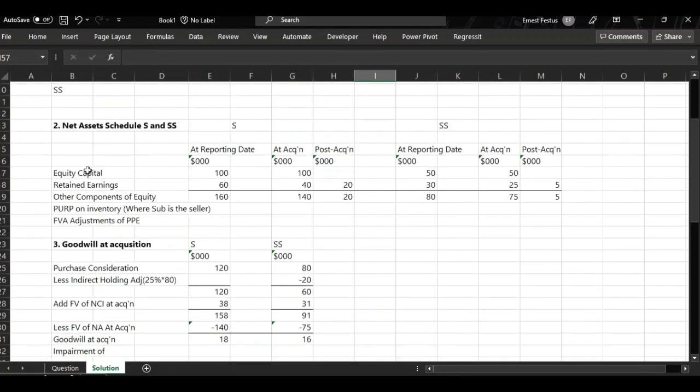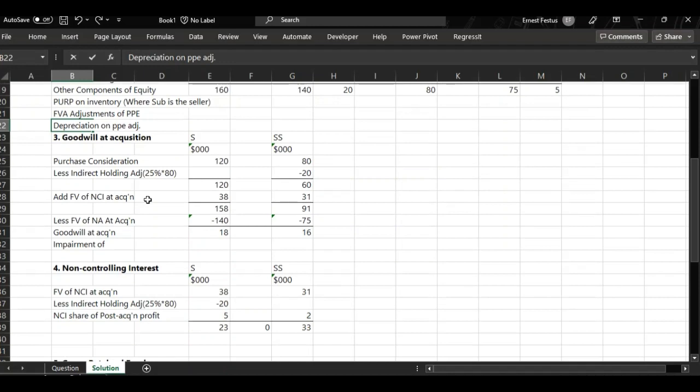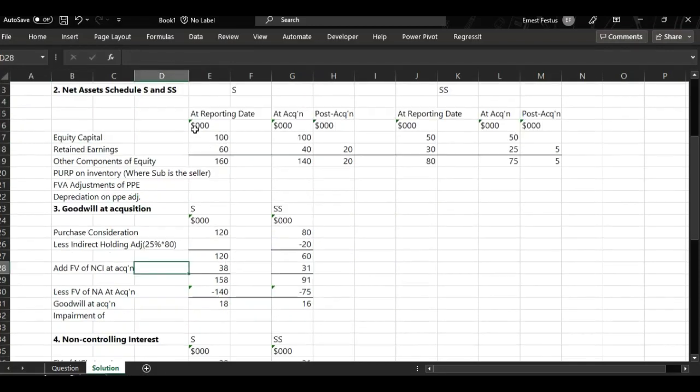And then for that one, you bring your equity capital, you bring your retained earnings, you bring other reserves, you bring other components of equity, you bring provision for unrealized profits on inventory where the sub is the seller, you bring your fair value adjustment of any PPE, and then also depreciation on PPE adjustments will all come there.